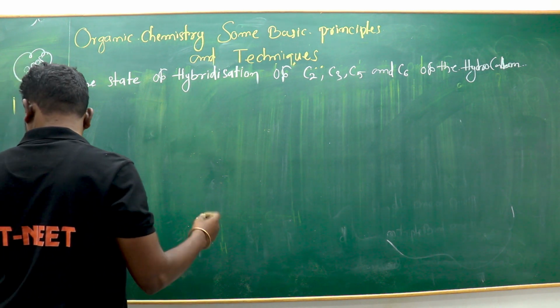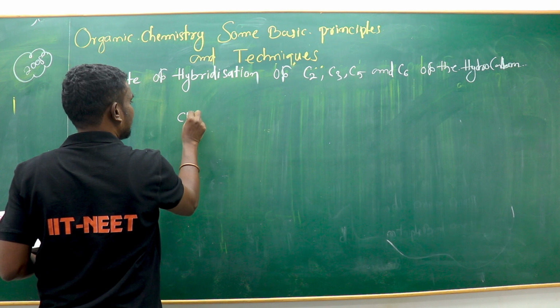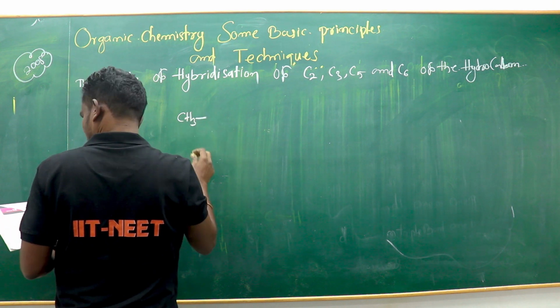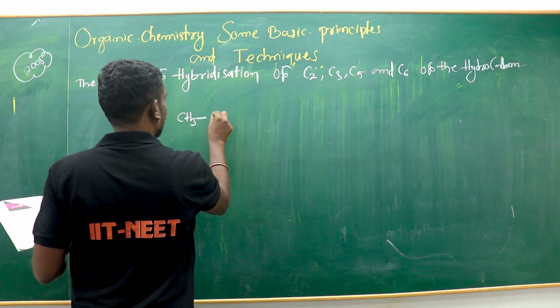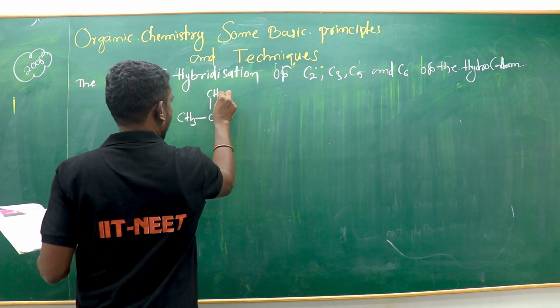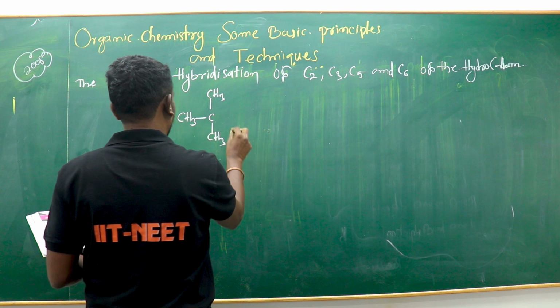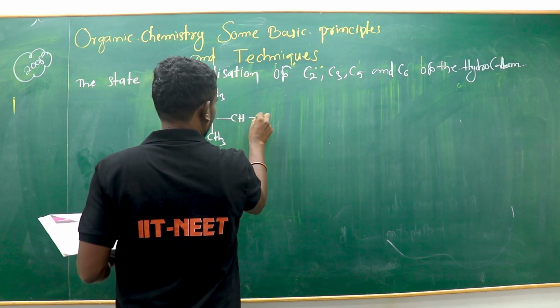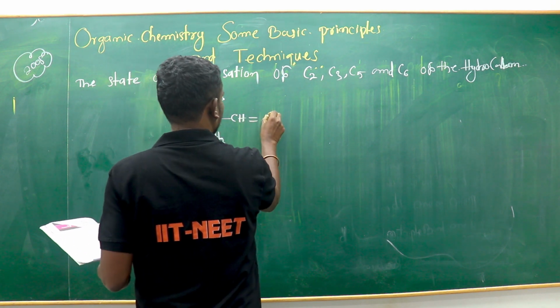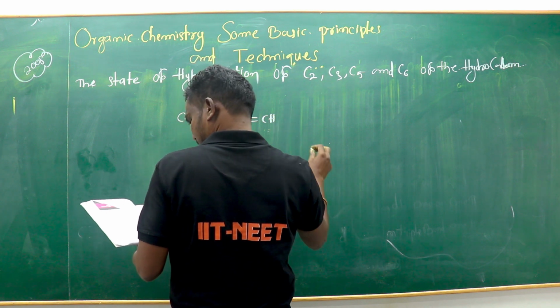Hydrocarbon. What is the structure? See, beta, CH3, CH double bond, CH, right?